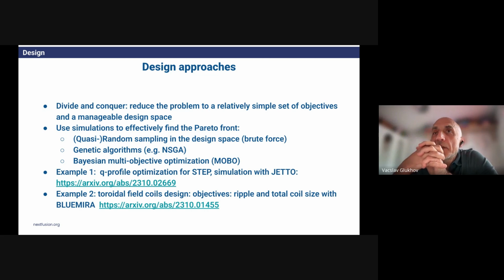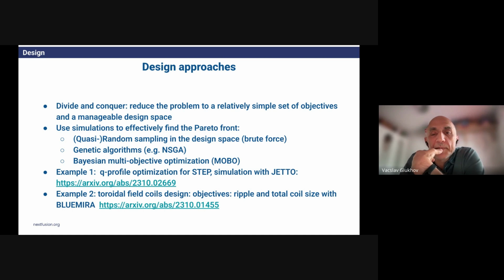So people usually take a small problem and see if they can optimize several dimensions at the same time. They use random samples. There are algorithms that are available in Python packages, in standard packages. There is a genetic optimization. There is a Bayesian optimization algorithm. And there are two examples that I would like to mention.